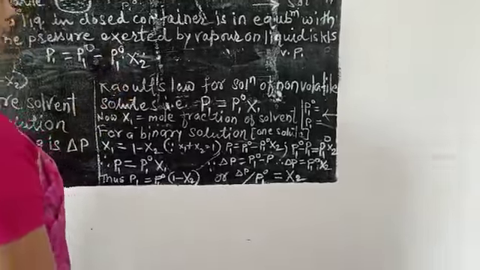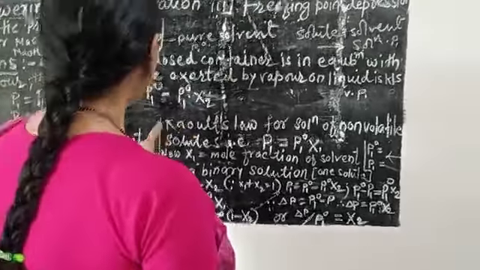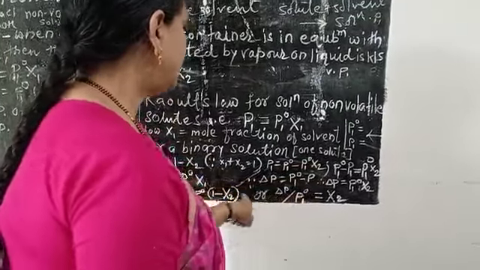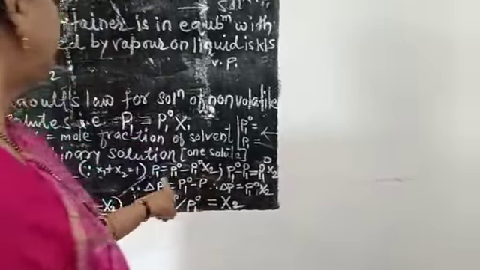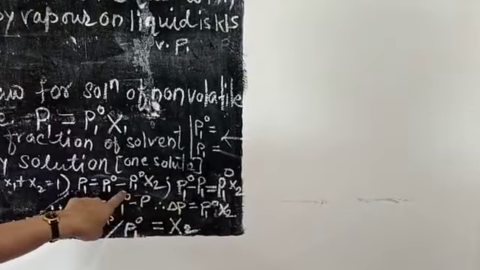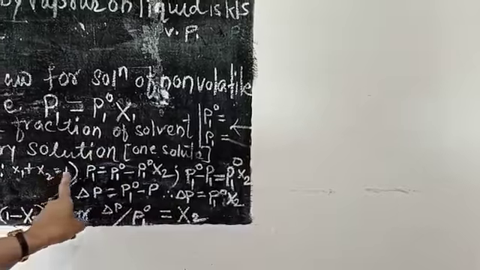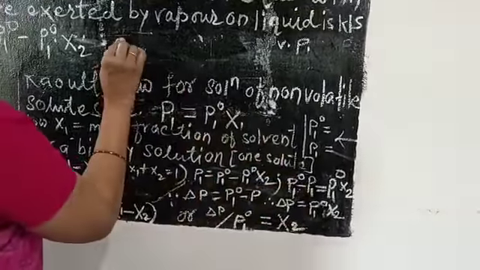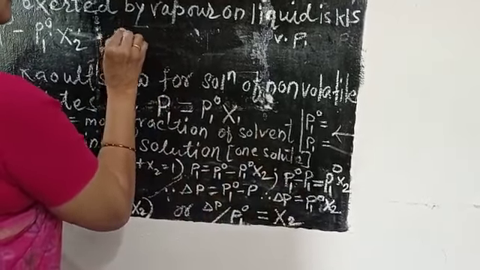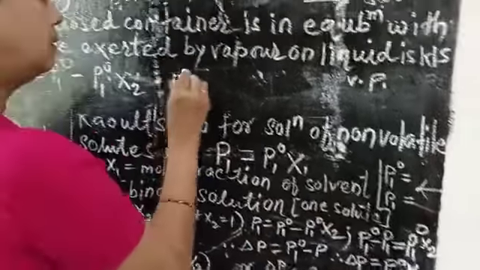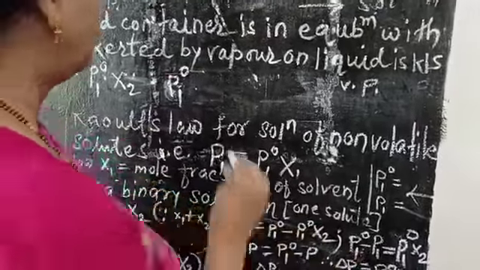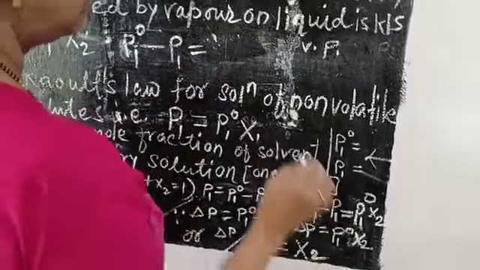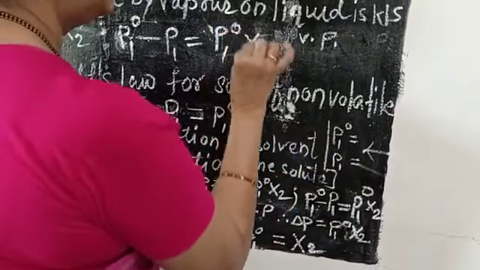Okay. Now see here, you can rearrange this equation. If you transfer this on this side, then you can get the expression like this. That means P01 minus P1 is equal to P01 into X2.